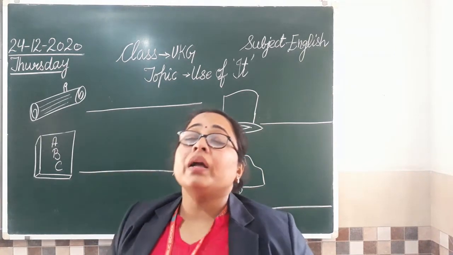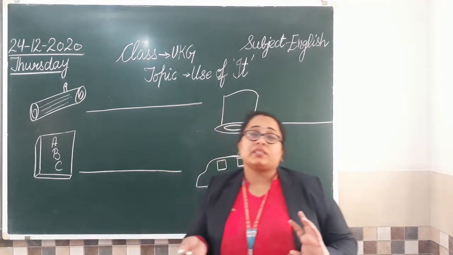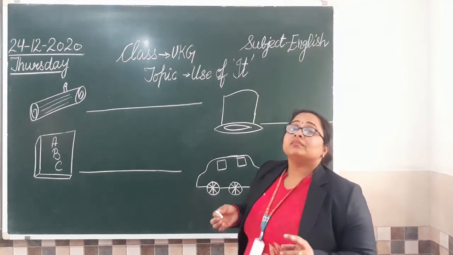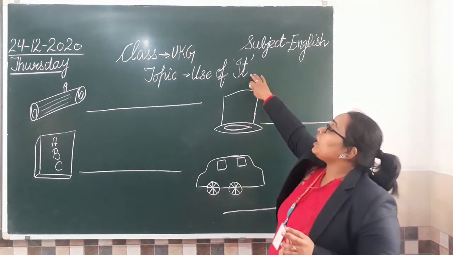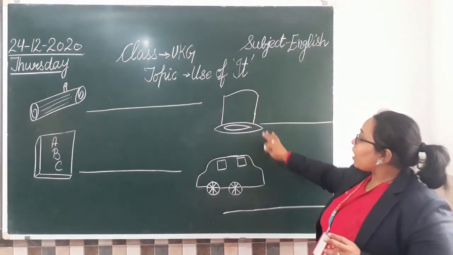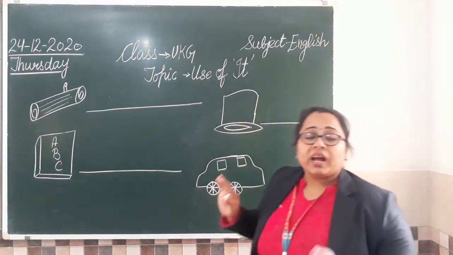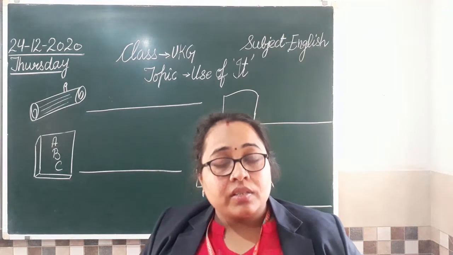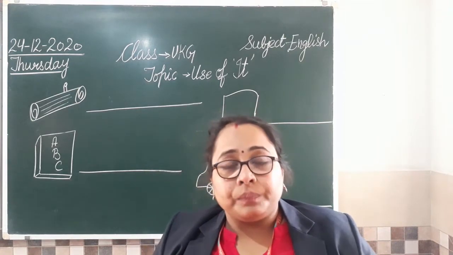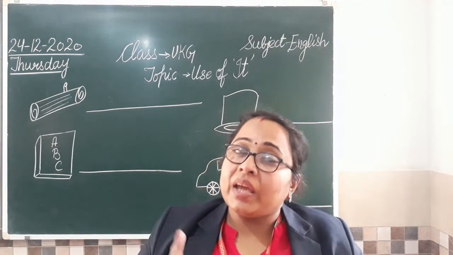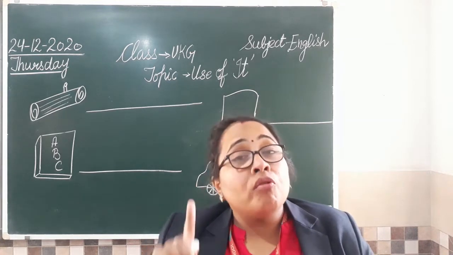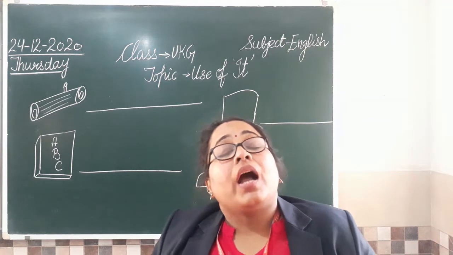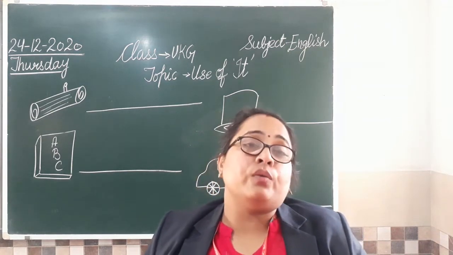ठीक है? अब अगर हम किसी भी non-living के objects के बारे में बात करते हैं, तो what we use? We use it with them. Now I have drawn some pictures here. अच्छा, first is we use it with non-living things. ठीक है? And secondly, animals. माना कि वो लिविंग हैं, वो मूव करते हैं, ब्रीथ करते हैं, खाना खाते हैं, ग्रो करते हैं, बट हम एनिमल्स के लिए भी इट यूज करते हैं.